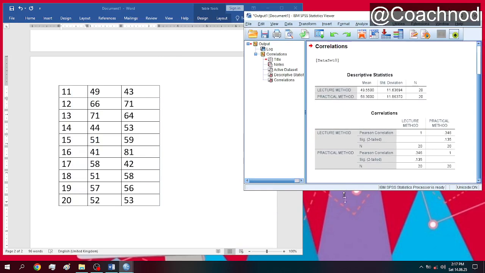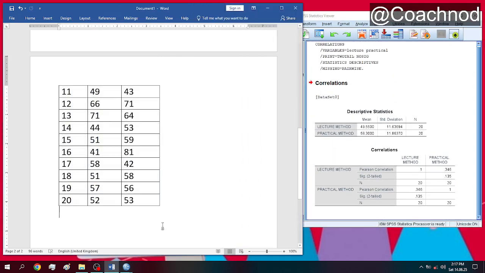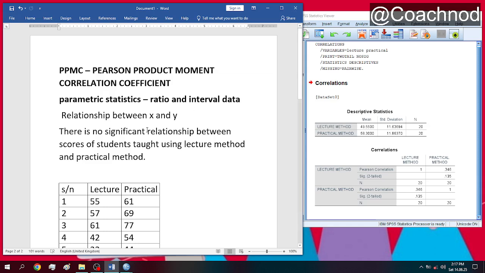This is the result of the PPMC. So let's see, Table 1: PPMC results on the relationship between, so let's just copy this one.